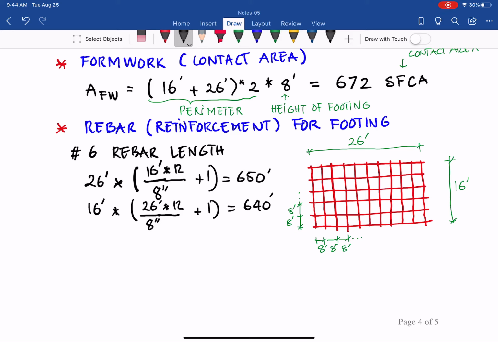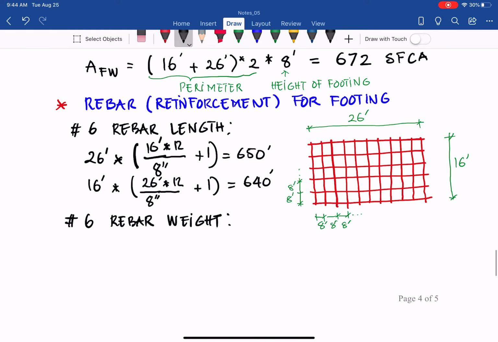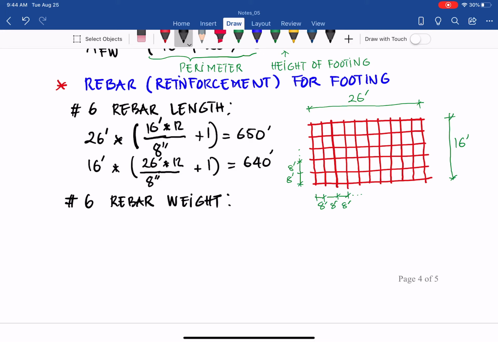Okay, so from that we can get the number 6 rebar weight. So how can we find out? Of course, we add the linear feet first.